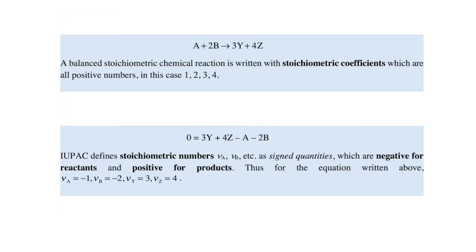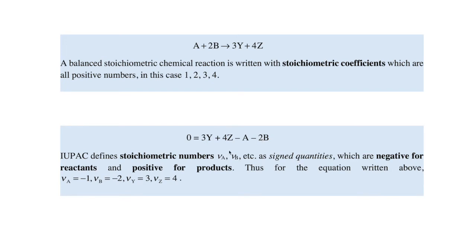Now, the IUPAC defines not only stoichiometric coefficients, which were all positive numbers, but also stoichiometric numbers. Stoichiometric numbers allow us to write a more compact and more mathematically appropriate way to do this summation. They're signed quantities. The magnitude is the same.